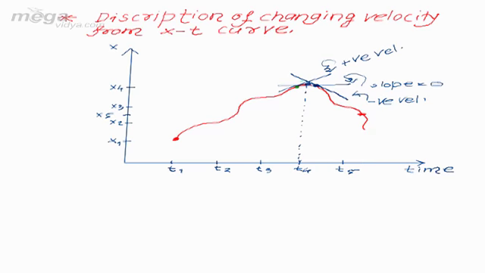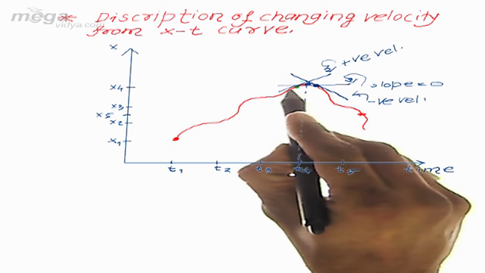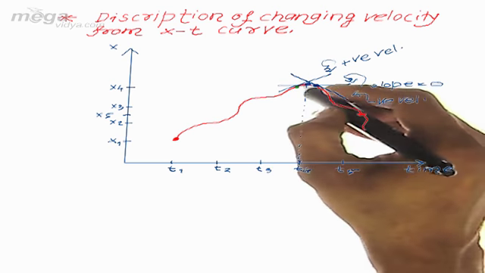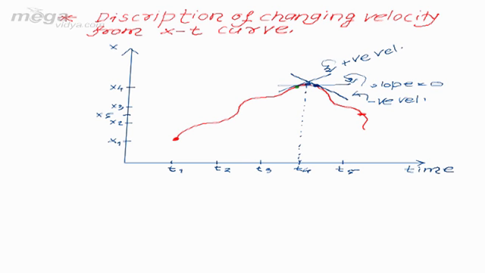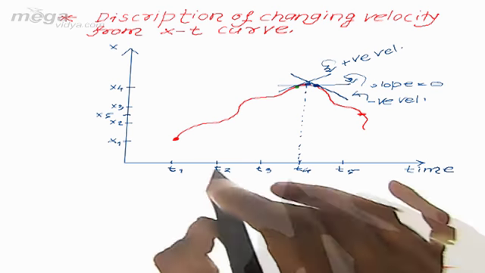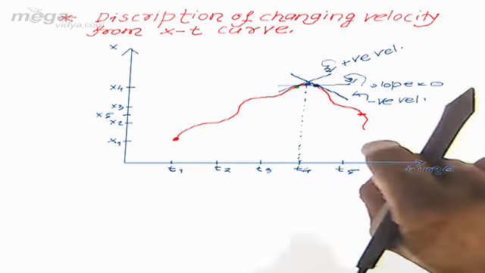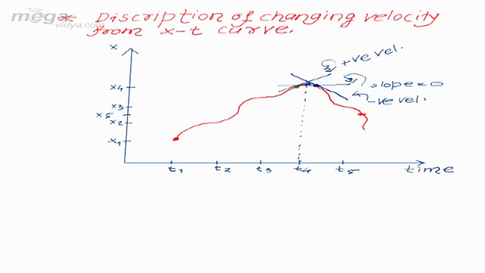What will we do from this information? At the topmost point of this curve, corresponding to position x4, which was at time t4, you can see that initially the velocity was positive, it decreases to 0 and then finally becomes negative.